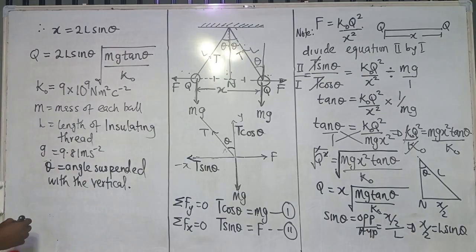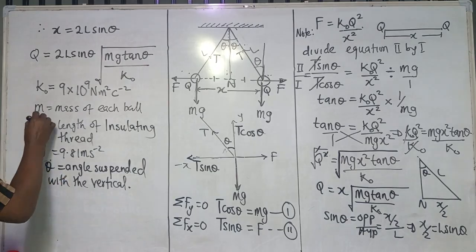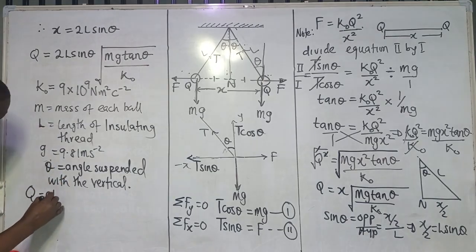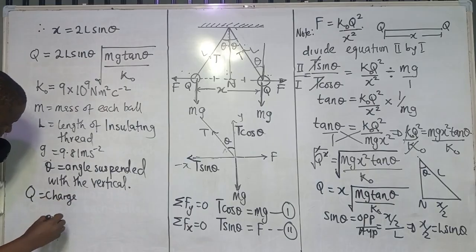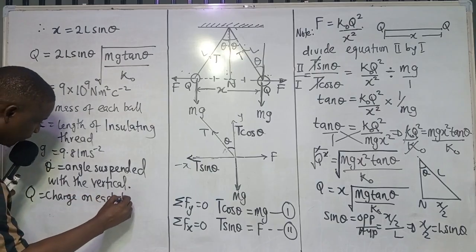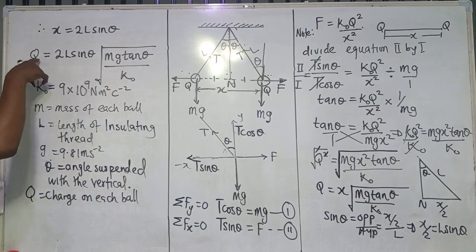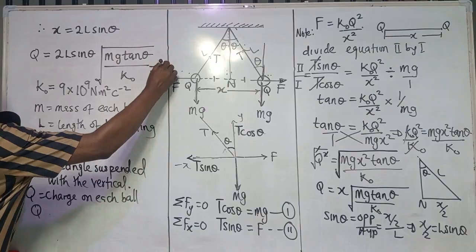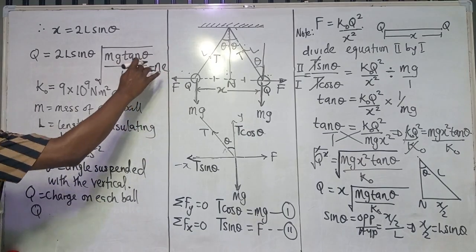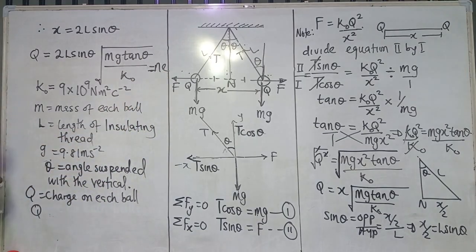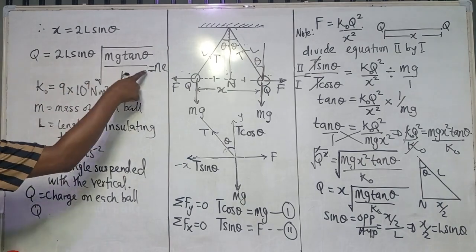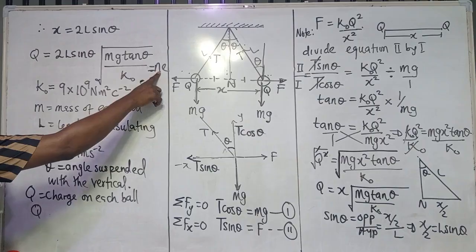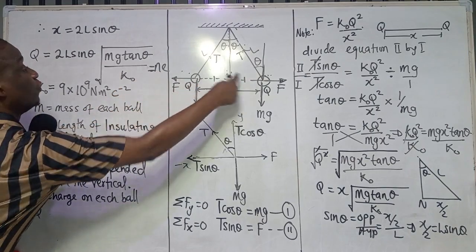What else are we given there? Theta is given, and the mass is already known. Then Q is the point charge, or the charge on each ball, which we have solved for. Don't forget this Q. This formula can also be Q equals NE, which I think I've covered under the introduction to electrostatics. Q equals NE because sometimes we can be asked to find the number of electrons on each of these balls.